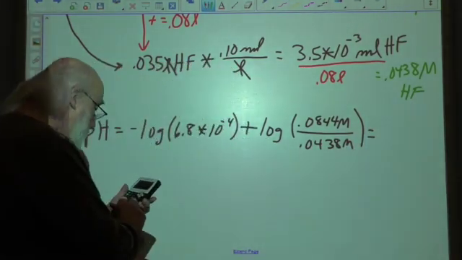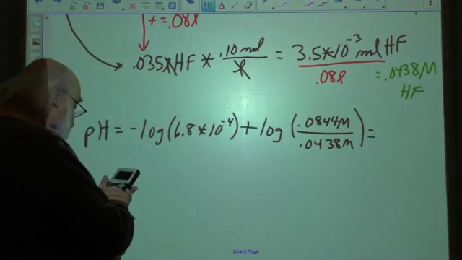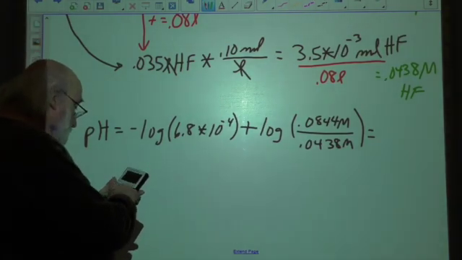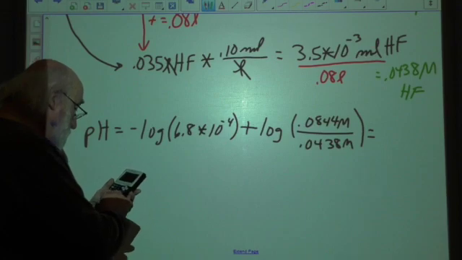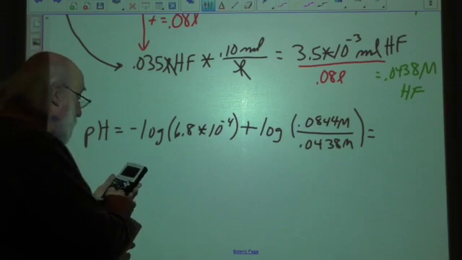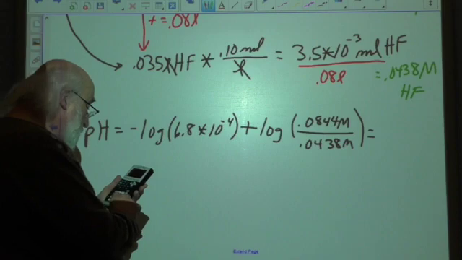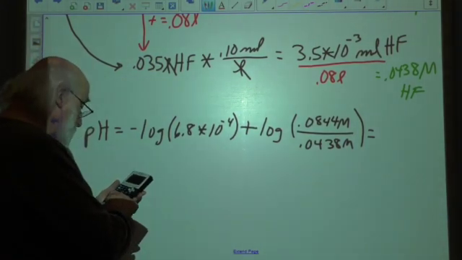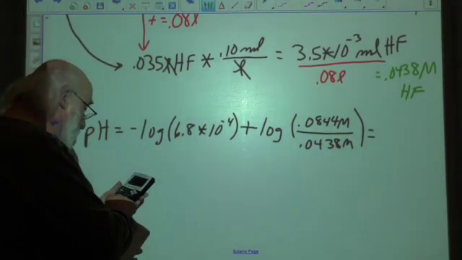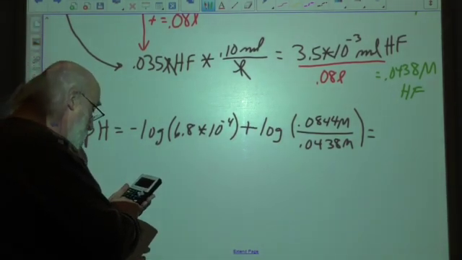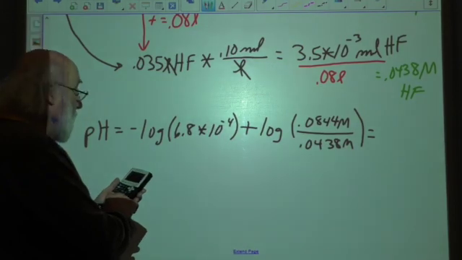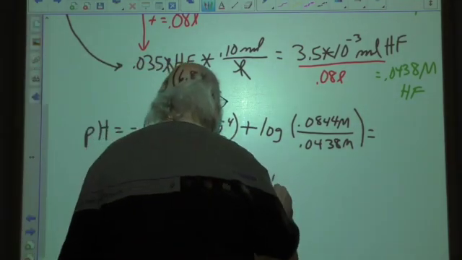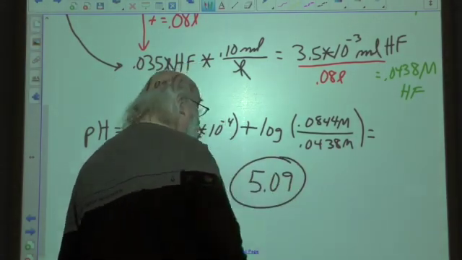And so we go ahead and plug that in, negative log 6.8 E -4. And make sure you close the parentheses on that, plus 0.0844 divided by 0.0438. And you get 5.09 for our pH.